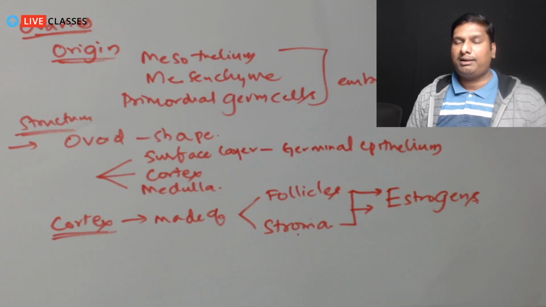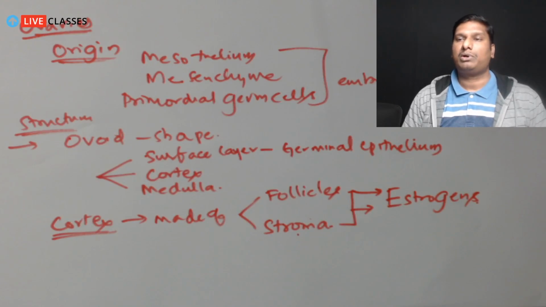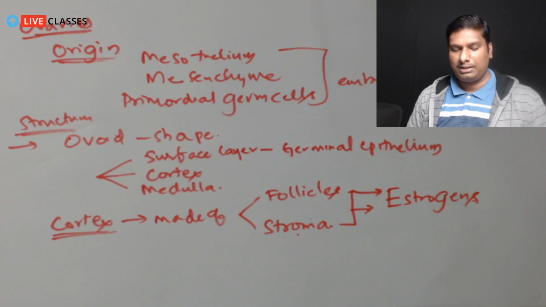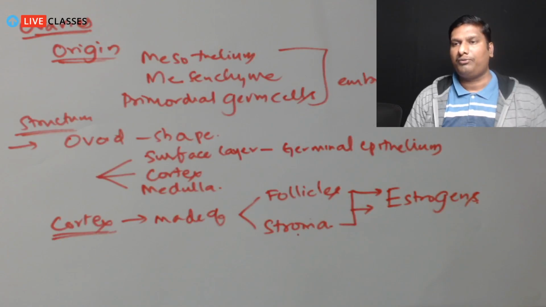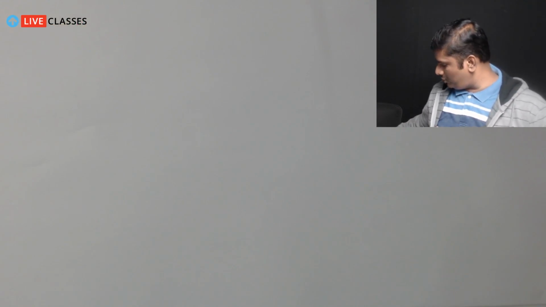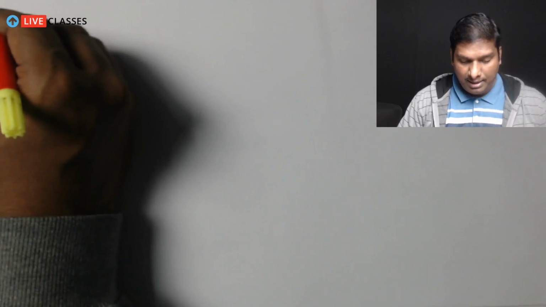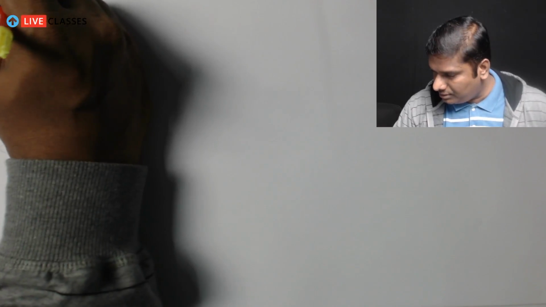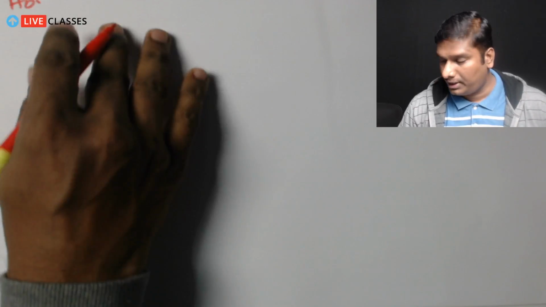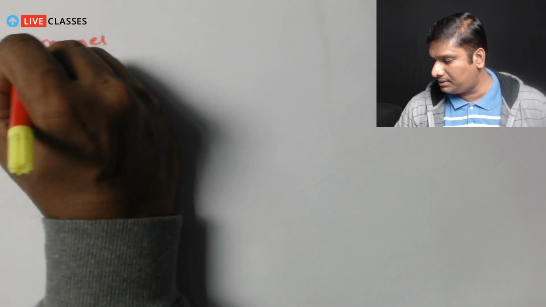Now if you look at the medulla region, you don't have to remember this now, but it has a very dense neurovascular network, and even there you will find a lot of stroma. Looking at the hormones produced by the ovaries, I already told you that you get estrogen.